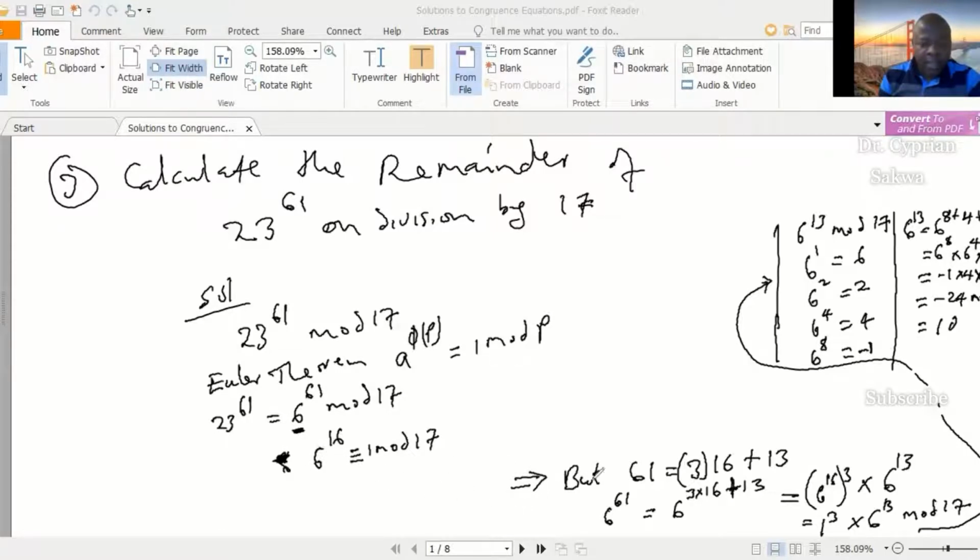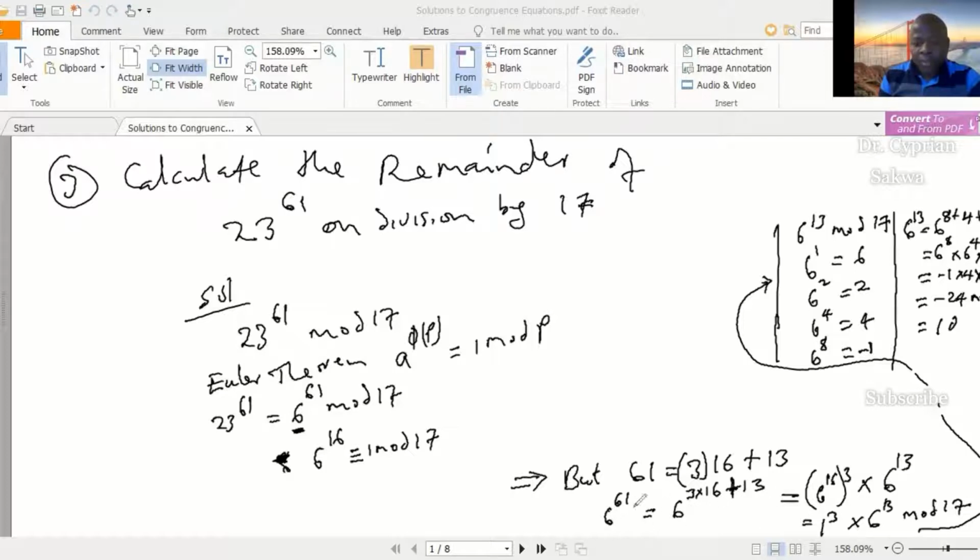I write 61 in terms of 16. Divide 16 into 61: it will go there 3 times, and the remainder will be 13. And so 6 raised to 61 can be written as this.